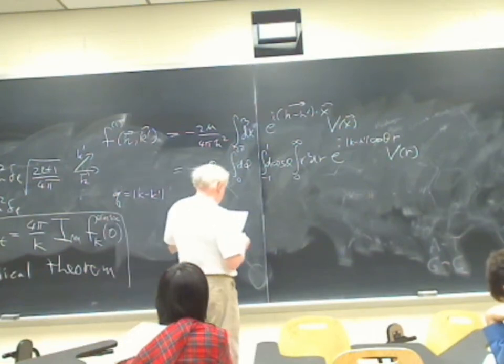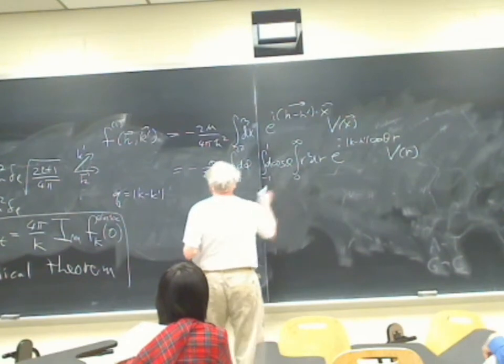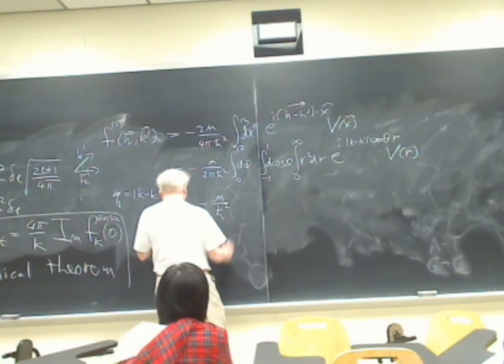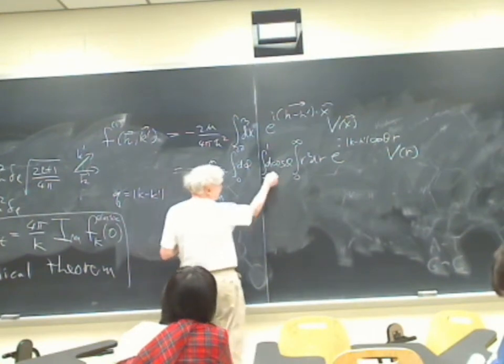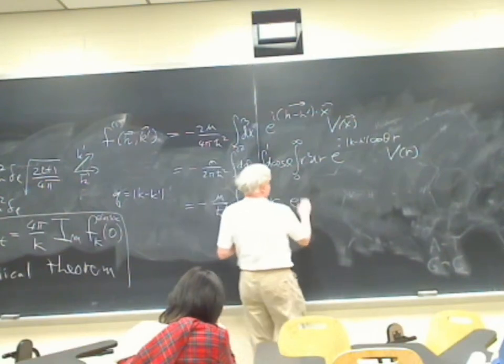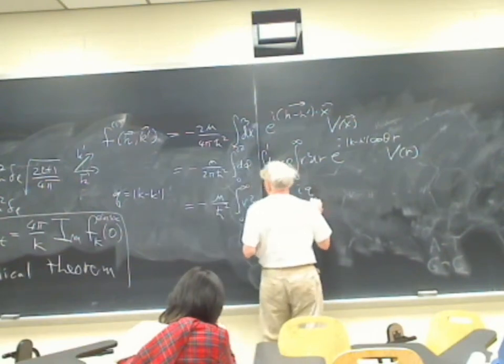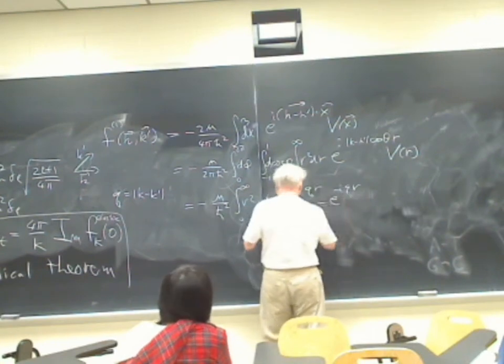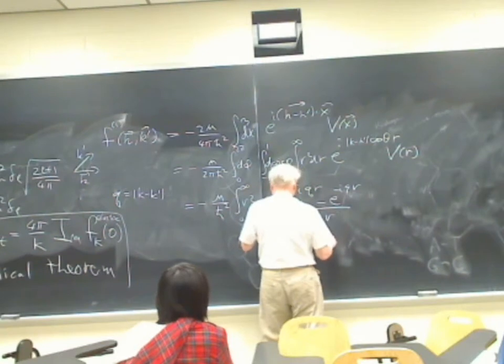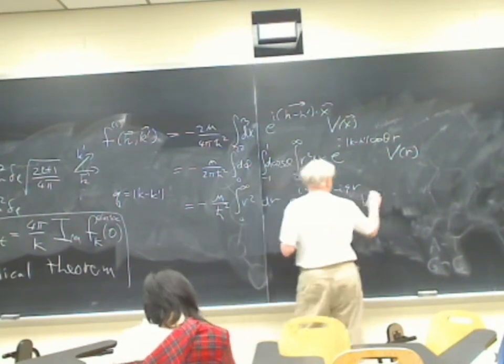Okay, so the first thing is we do the d cosine integral. And, well, we do the phi integral, and then that's minus mu over h bar squared. And now doing the phi integral, that leaves us with the r integral. And this gives us e to the i q r minus e to the minus i q r, and we have then i q r in the denominator, and then V of r.